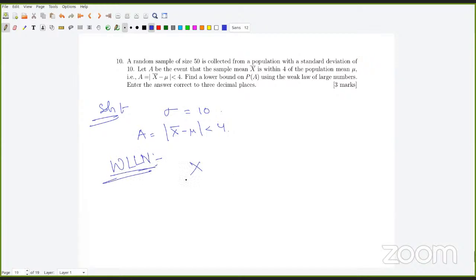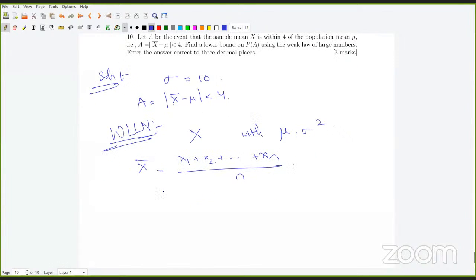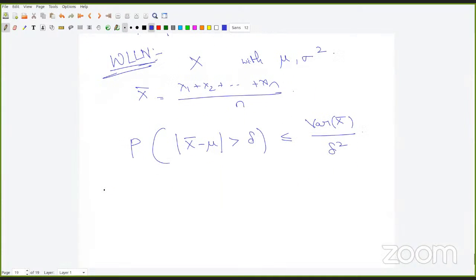If I have any random variable x with parameters mean mu and sigma square, and if I have sample mean x1 plus x2 plus and so on xn divided by n, what does the weak law of large numbers say? The probability that the absolute value of x bar minus mu is greater than some delta is less than or equal to variance of x bar by delta square. Correct?